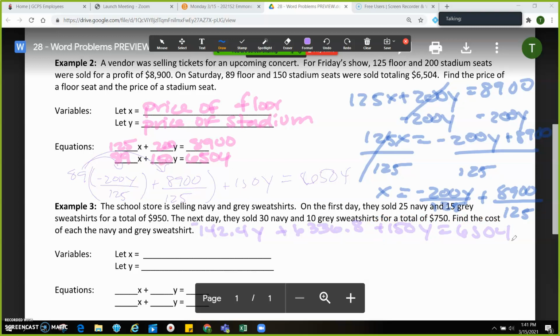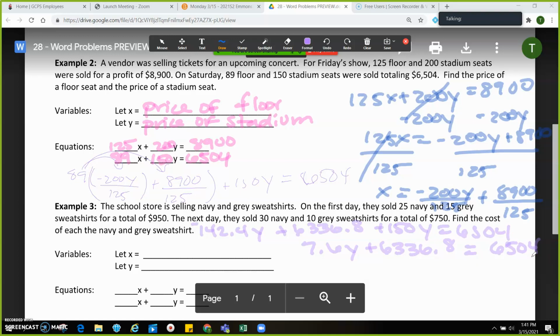Combine my like terms, and that's going to give me 7.6y plus 6,336.8 equals 6,504.